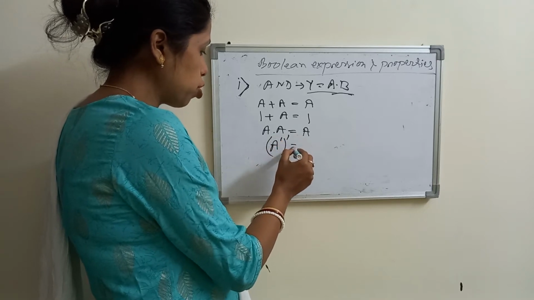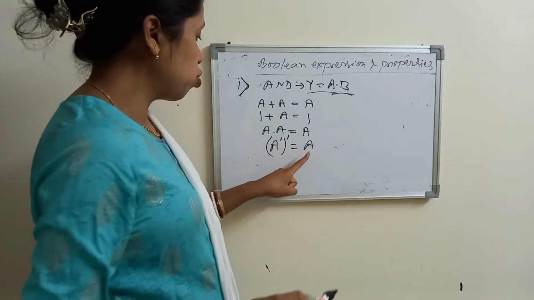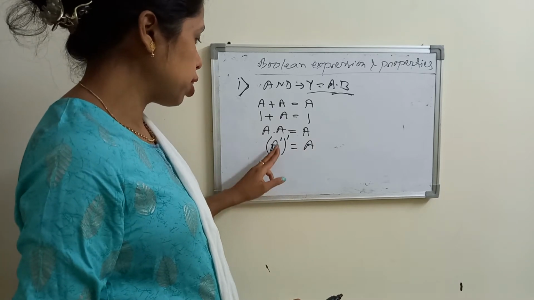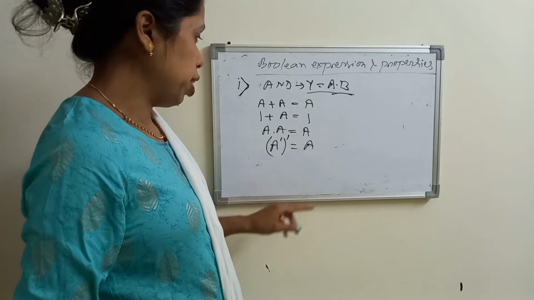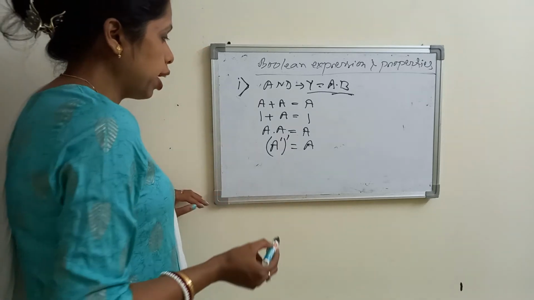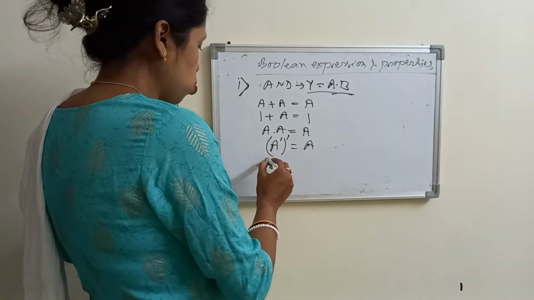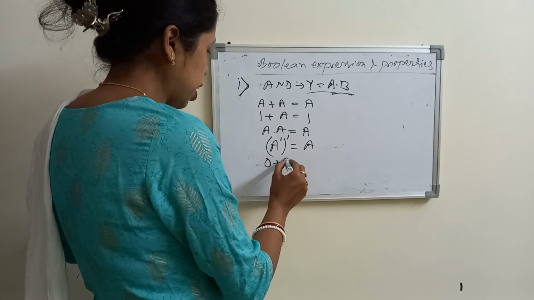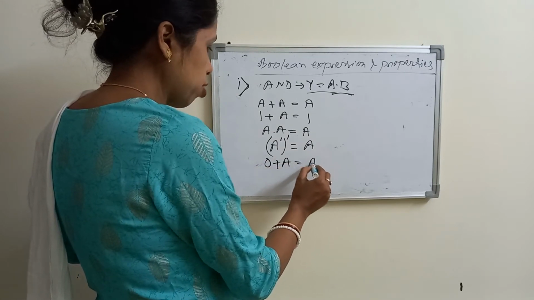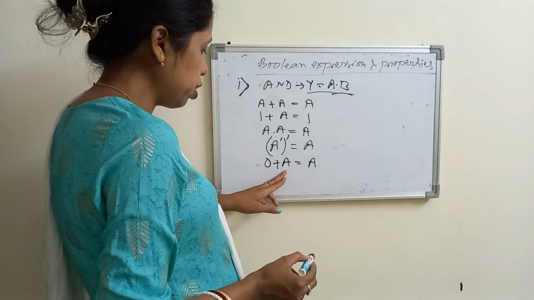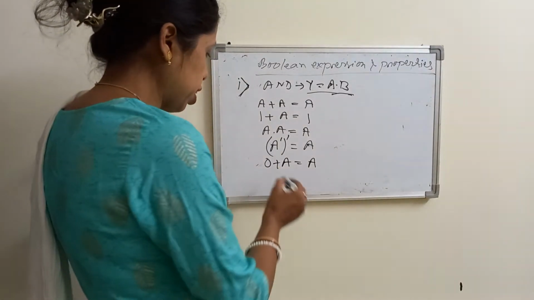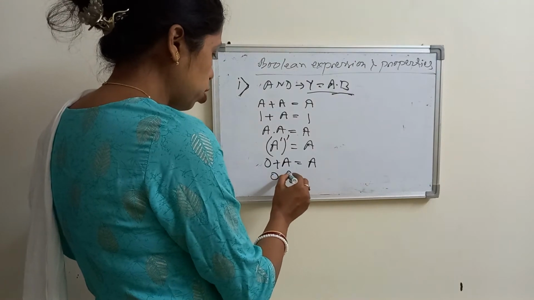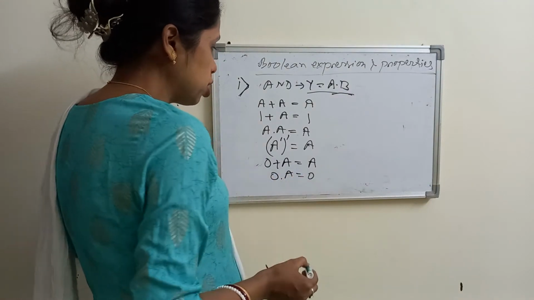The double complement of a is equal to a: if you complement a, and again complement the complement of a, you will get the same input variable. Then 0 plus a, here you will get a only. If you add 0, it is like a normal addition. And 0 dot a is equal to 0.